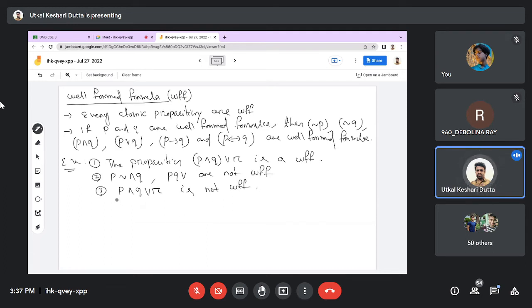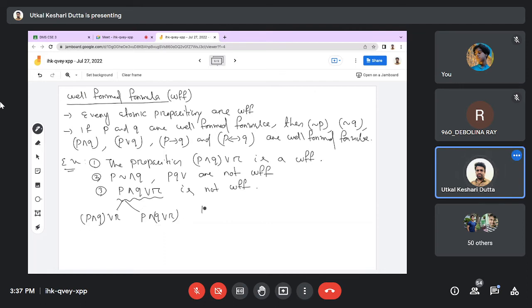Because if this is given, one may assume it is (P conjunction Q) disjunction R, or one may assume it is P conjunction (Q disjunction R). These two are not equivalent, so different truth values come.